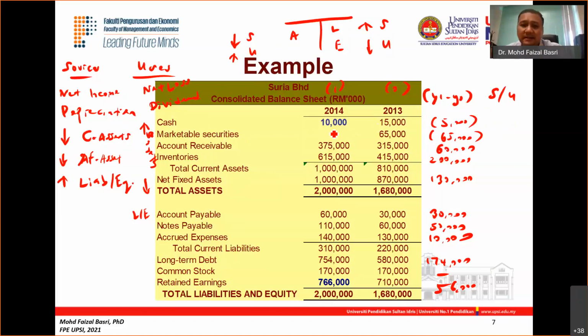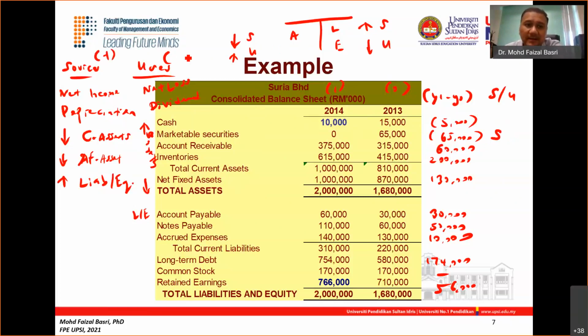So we're going to label marketable securities first. Marketable securities, again, this is all under assets. When they reduce, like this is reduced, the negative means it reduces. So the reduction of current assets will be sources. So you put it here as source. And if you remember, when I said source, the action you need to do is add.